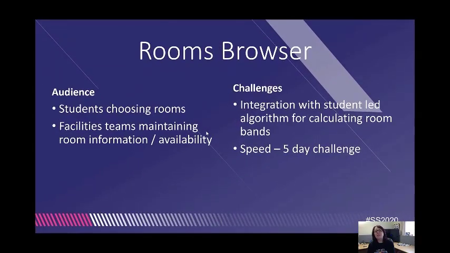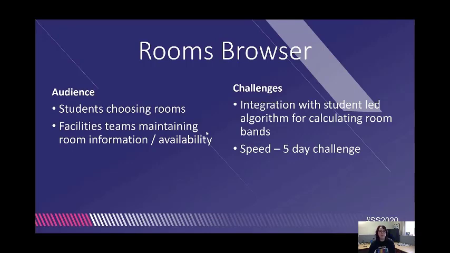So the final thing I wanted to share with you, and this is a really light-hearted one, is that we had a requirement for a rooms browser. Now, there are a lot of rooms on campus in a college that students need to be able to choose from. But the complexity there is that there is a target amount of money that facilitates the provision of those rooms.